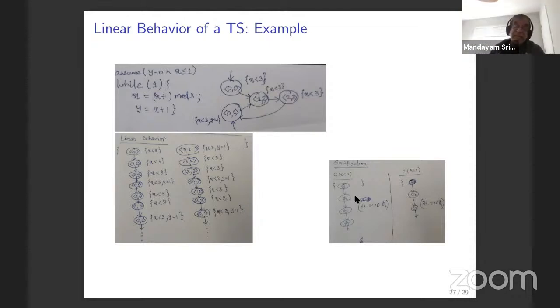So what exactly is a property or a specification? These are formulas expressing the expected behavior: what traces are allowed, are permitted in the behavior, and what traces are not. Okay, that is what the specification does.